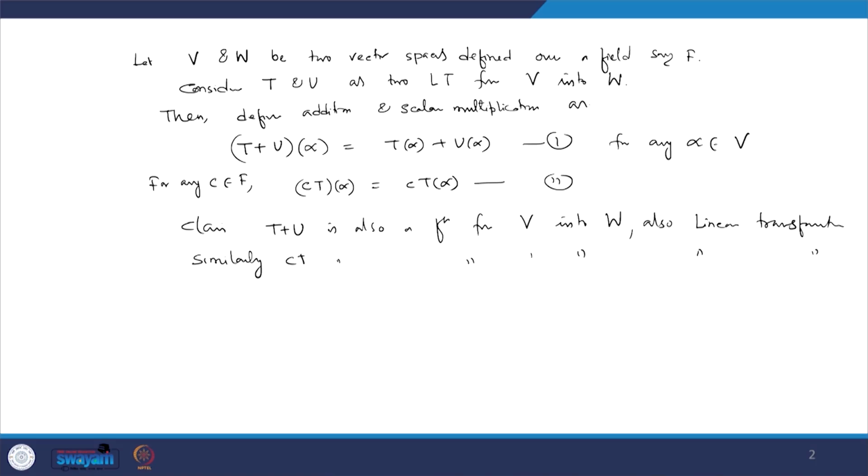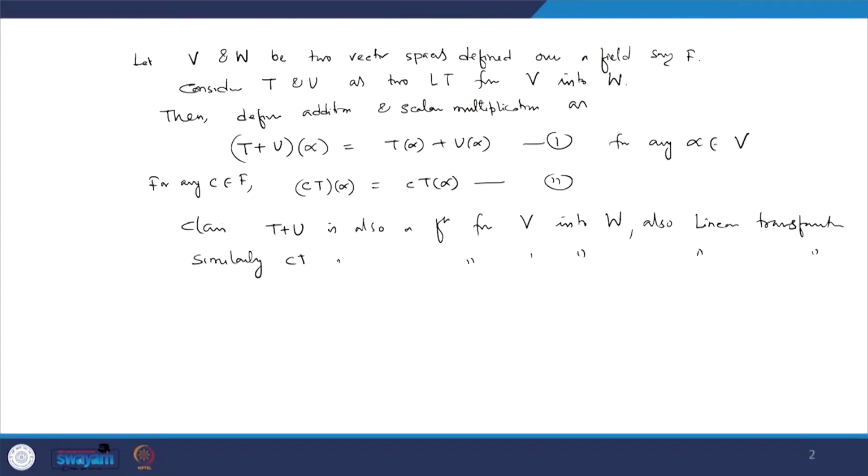If I can somehow prove it, then if I collect all the linear transformations from V to W and denote that set by say L(V,W), then I will basically show that L(V,W) is also a vector space.